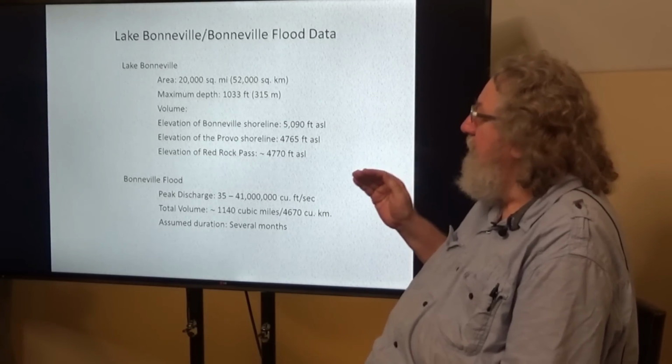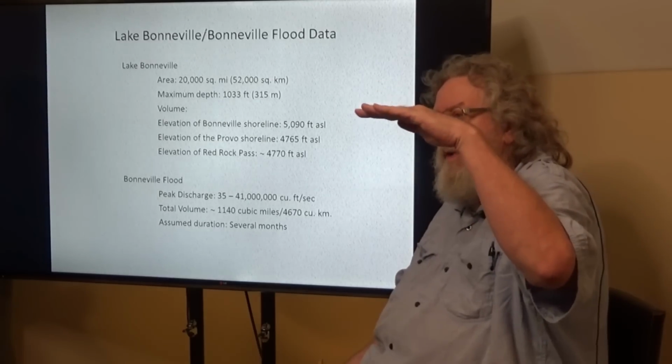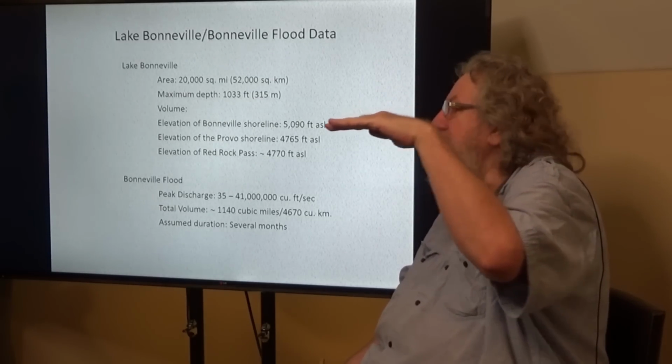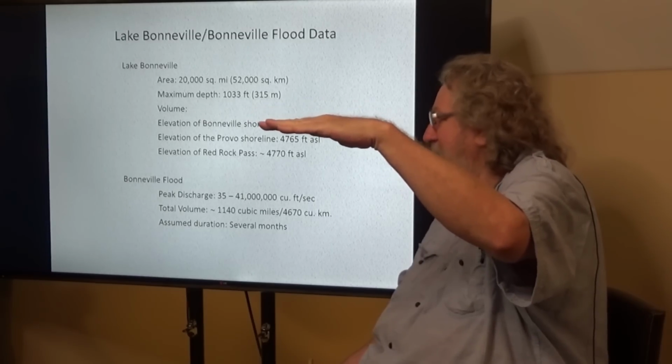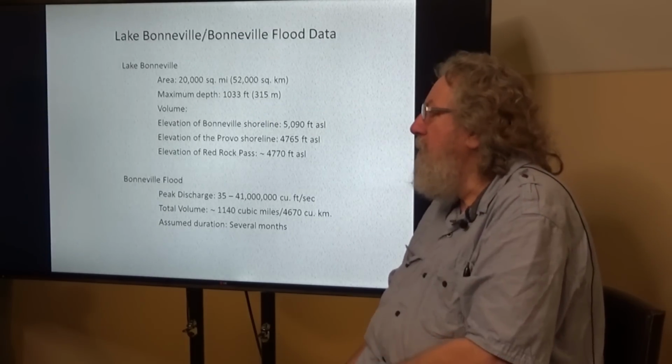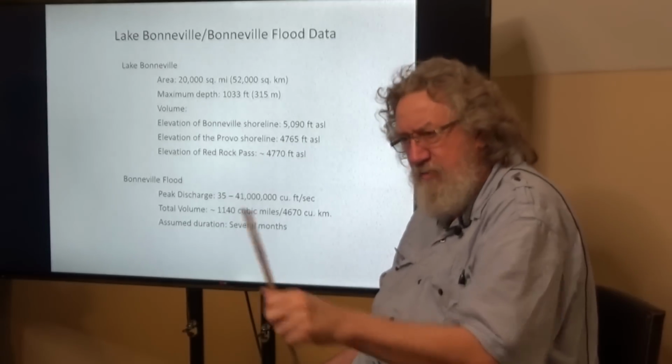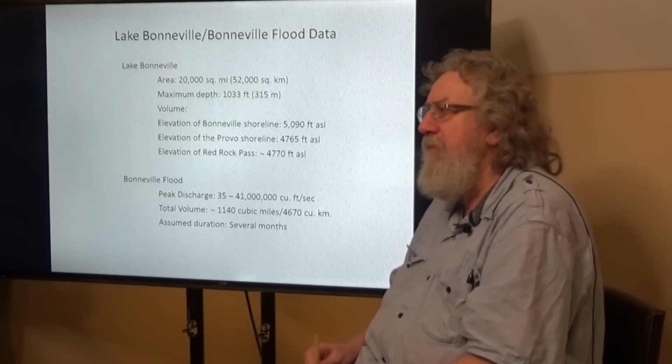The highest level of the lake reached up to a sill in southern Idaho, in what is now called Red Rock Pass, which we will see a slide of in a second.